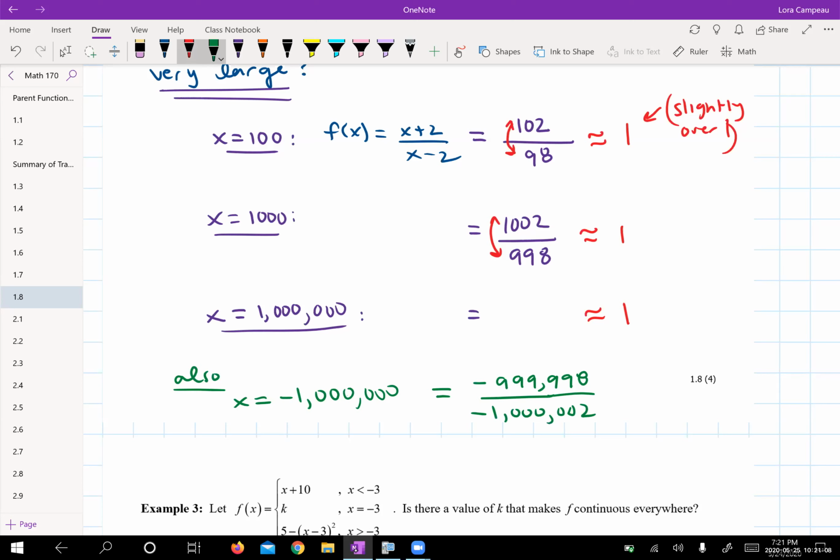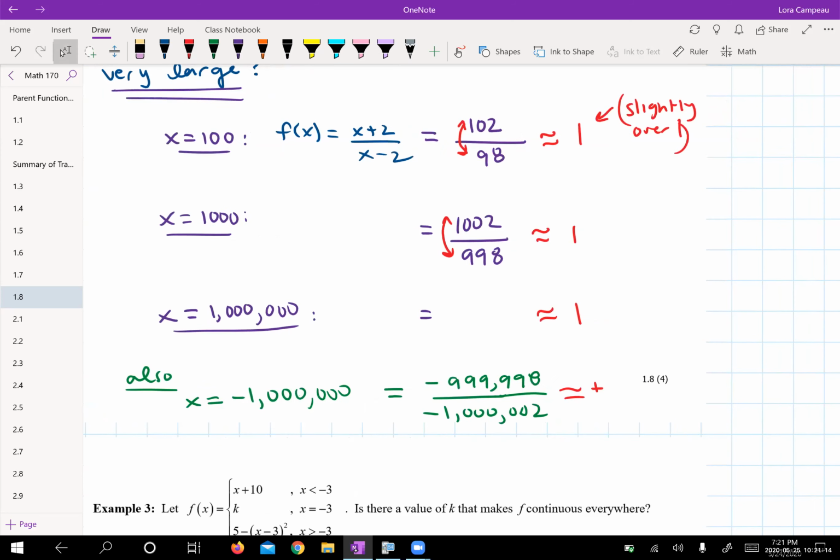And negative divided by negative gives you a positive number. But when we look at what's happening, we have a proper fraction. So these numbers are very, very close to each other. Same number over same number is about a 1. But because it's a proper fraction, we should have something that's slightly less than 1.